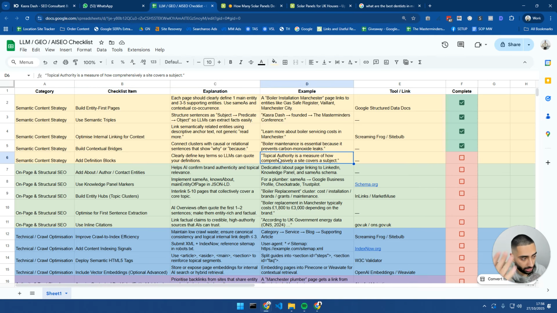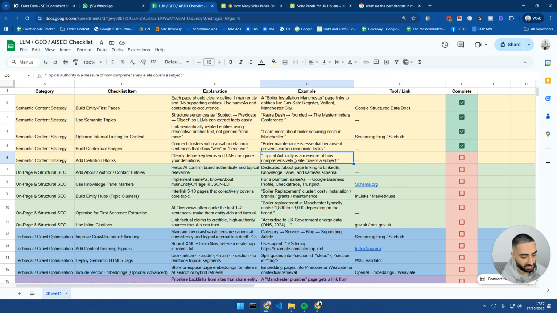Say for example, if we're talking about topical authority, we might have a section within our content saying topical authority is a measure of how comprehensively a site covers a subject. The reason why we do that is that most people watching this video understand topical authority.